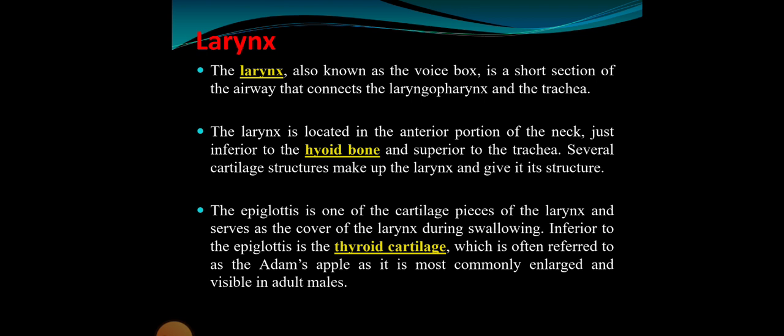Several cartilage structures make up the larynx and give it its structure. The epiglottis is one of the cartilage pieces of the larynx and serves as the cover of the larynx during swallowing. Inferior to the epiglottis is the thyroid cartilage, which is often referred to as the Adam's apple, as it is most commonly enlarged and visible in adult males.